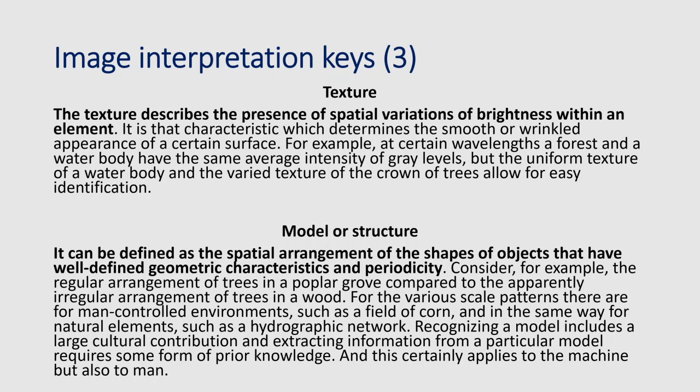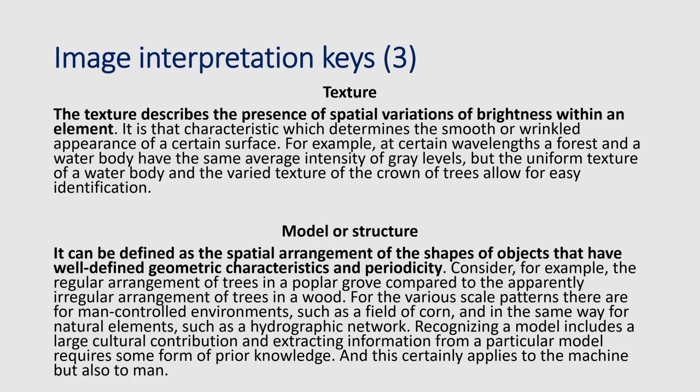At various scales there are patterns, such as a field of corn, and in the same way for natural elements, such as a hydrographic network. Recognizing a model includes a large cultural contribution, and extracting information from a particular model requires some form of a priori knowledge. And this certainly applies to the machine, but also to man.